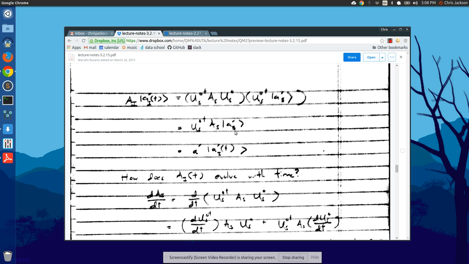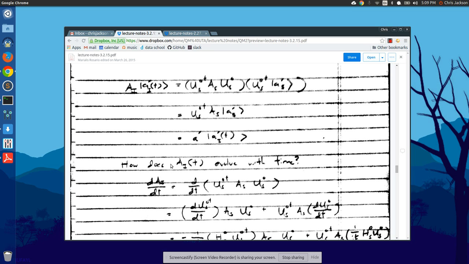So I'm left with A_S hitting the Schrodinger picture ket. That'll give me the eigenvalue back out, and what I have left is this U dagger hitting this A_S, and that's just the definition of A_I. So what we find is that we can write down a nice eigenvalue equation in this picture for our time-dependent operators.